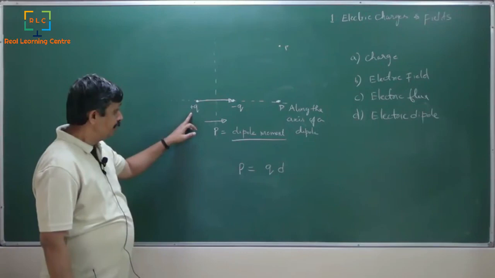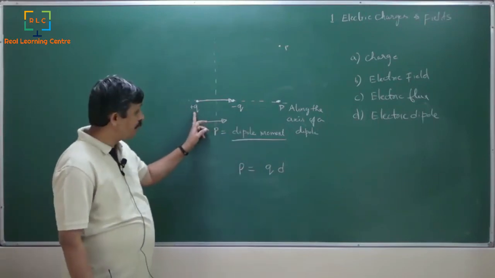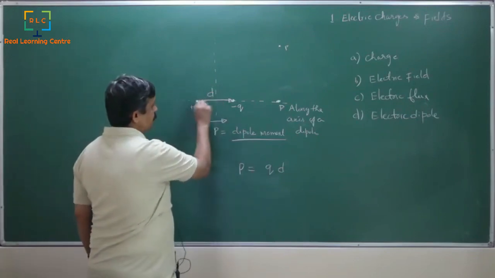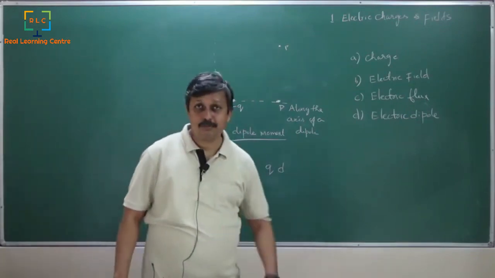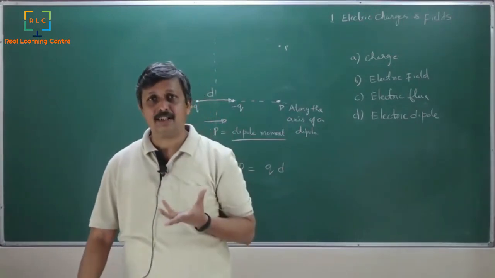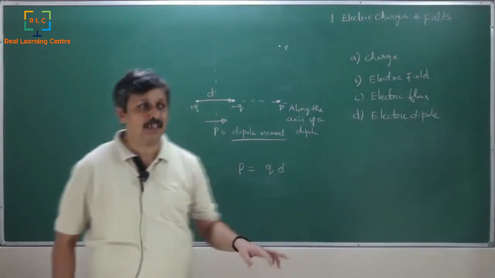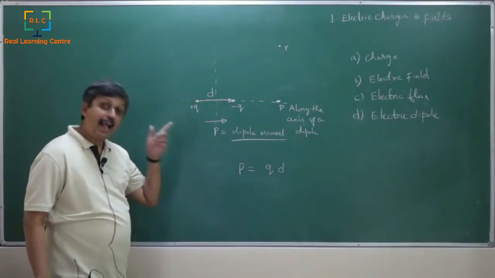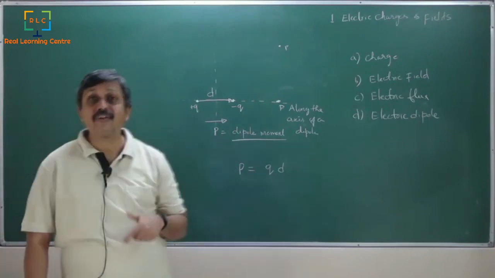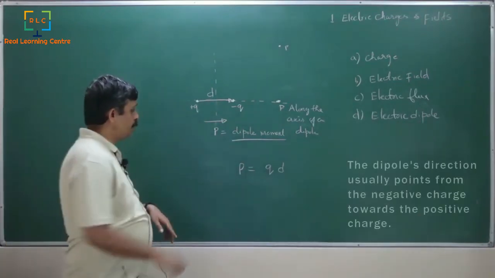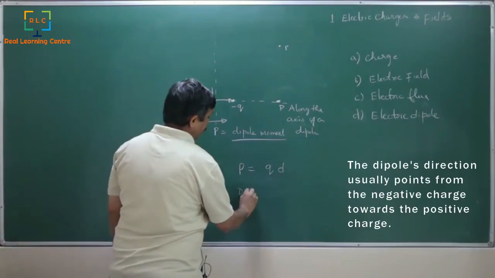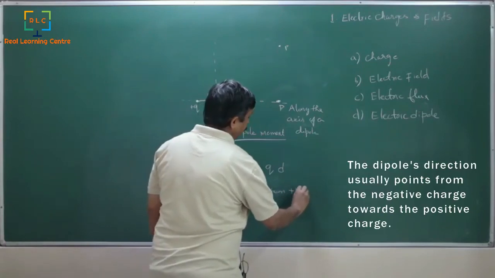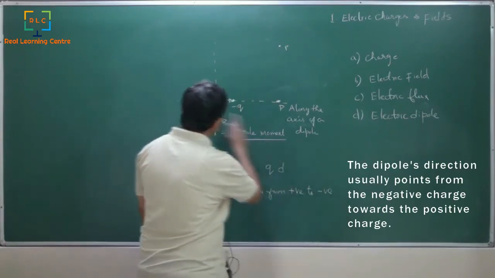It means that there are two charges here, plus Q and minus Q. We will take one of them and we will take the distance between them, D. If you multiply these two, because they are important, how much charge, how far they are, those two important pieces of information when you multiply, you get actually a dipole moment. Okay, and this dipole moment I will also give a direction. The direction of the dipole moment basically is the direction from negative to positive. That is the dipole moment direction.